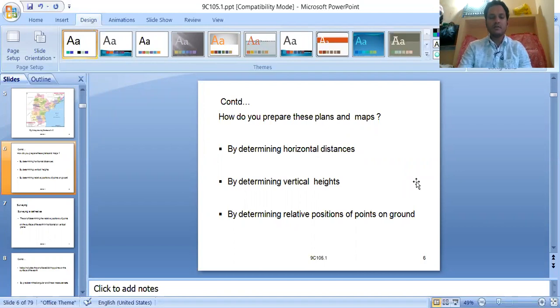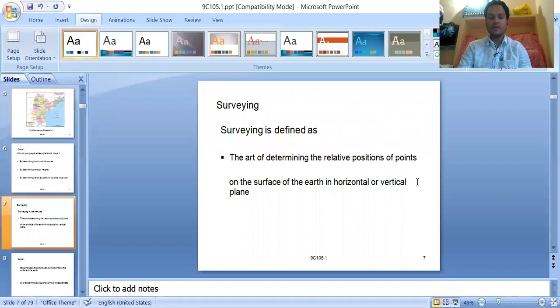So how do we prepare these plans and maps? First of all, we have to determine horizontal distances, vertical heights, and by determining relative positions of points and ground, we can draw these plans and maps. So initially, we have to know what is surveying.